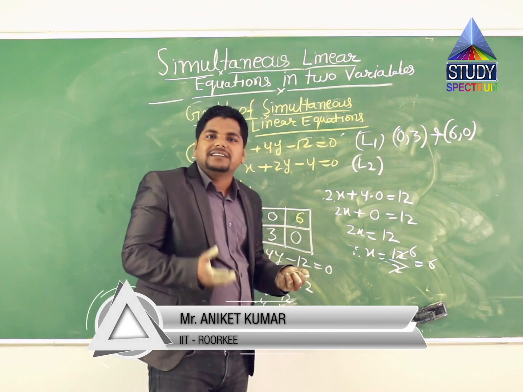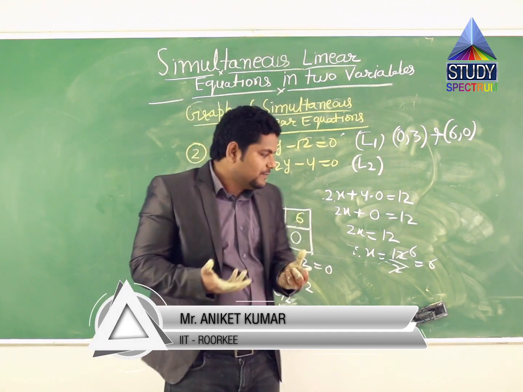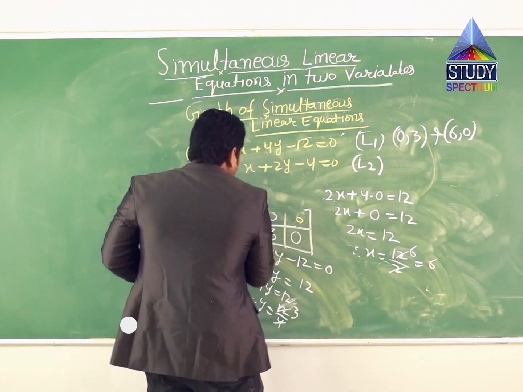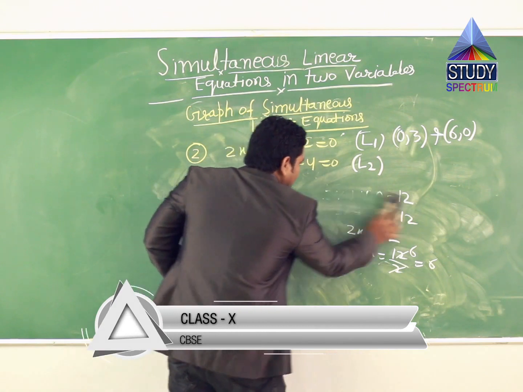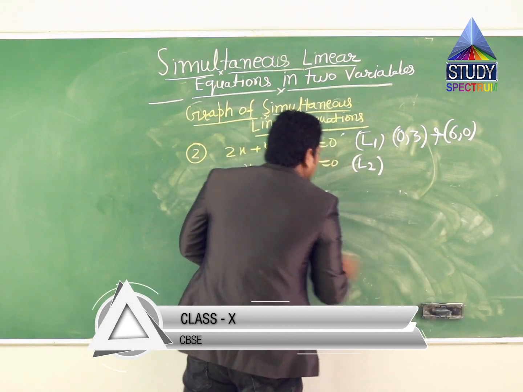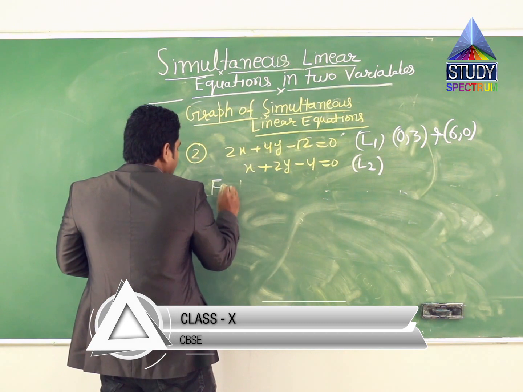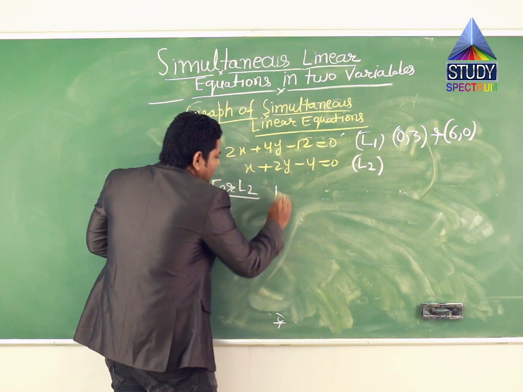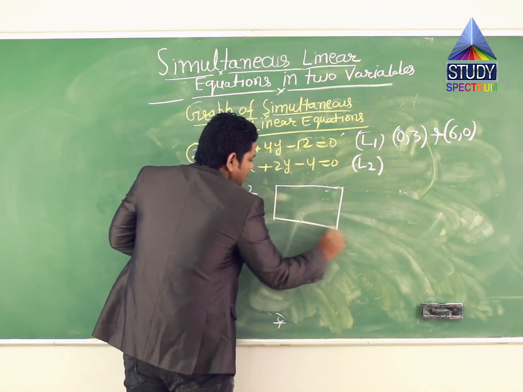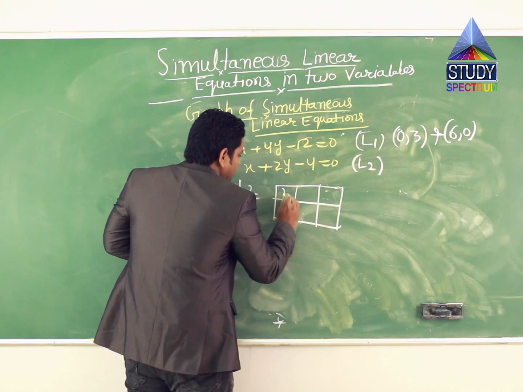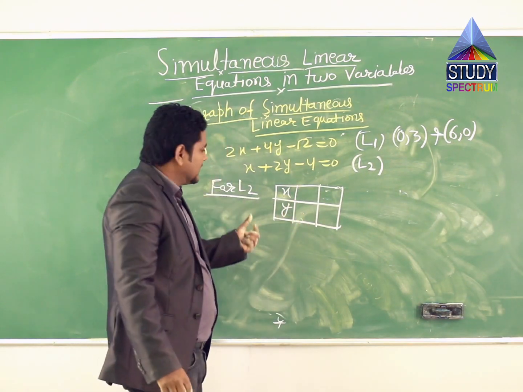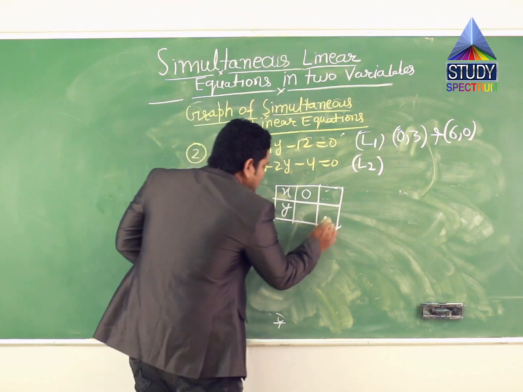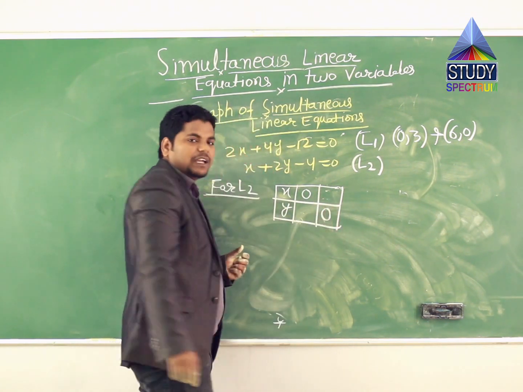Now we'll get 2 points for the second line L2. For L2 we'll again make a table. For getting one point we'll substitute x equal to 0, and for getting the second point we'll substitute y equal to 0.